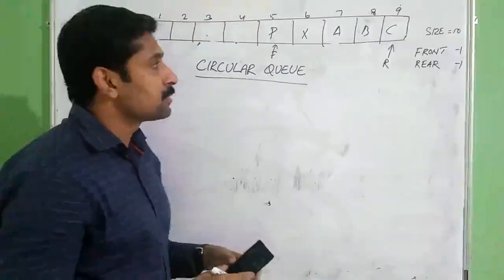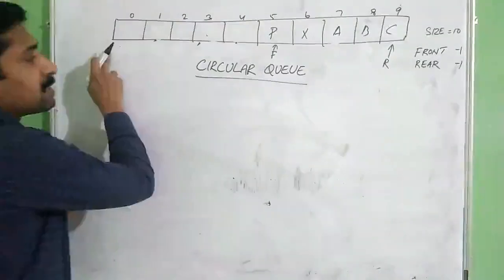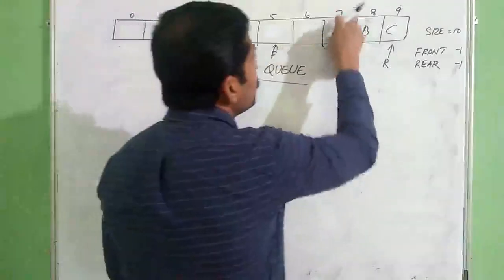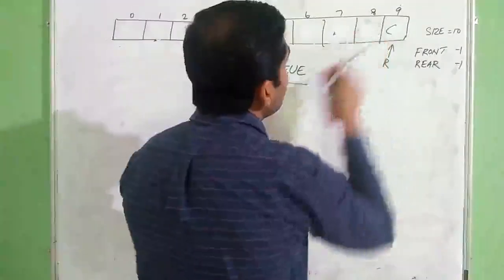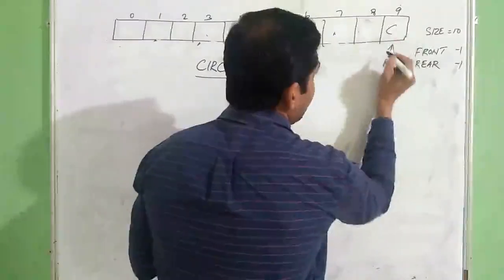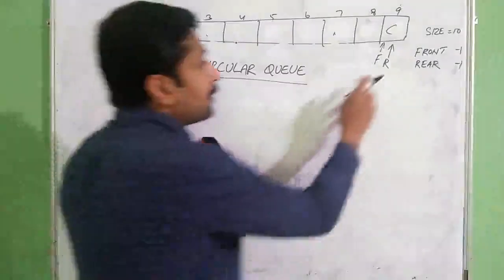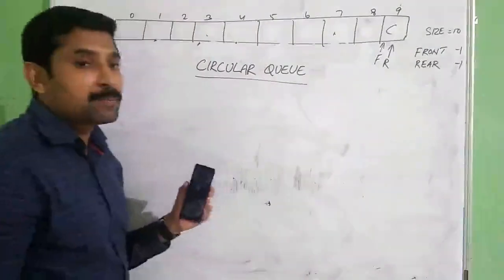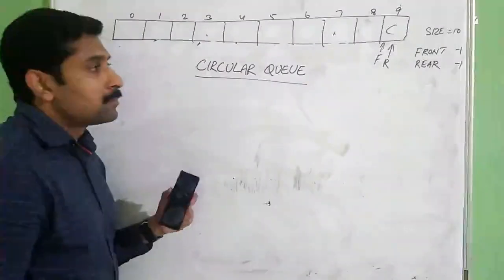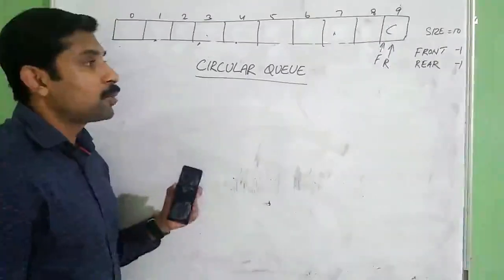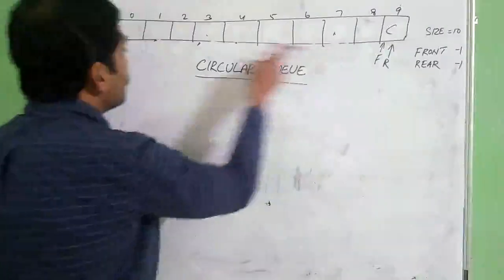So here we have spaces. Now suppose in this case also, this is the last item, front and rear are the same. Here again we are checking whether rear is maximum or not. If it is maximum, it will generate a queue overflow message. So this is the worst case.